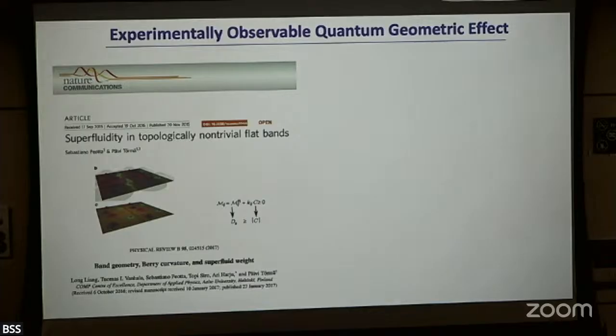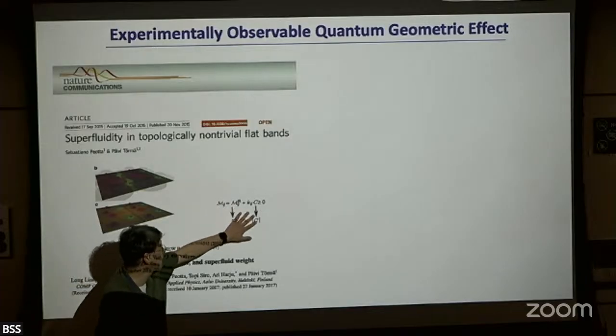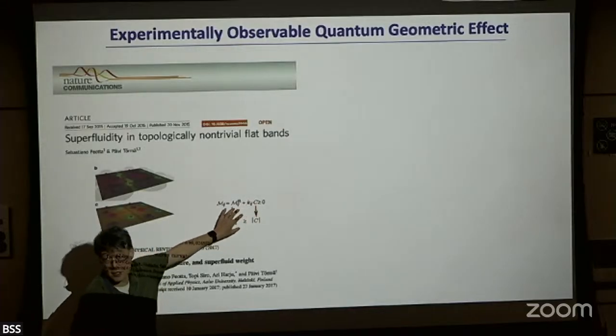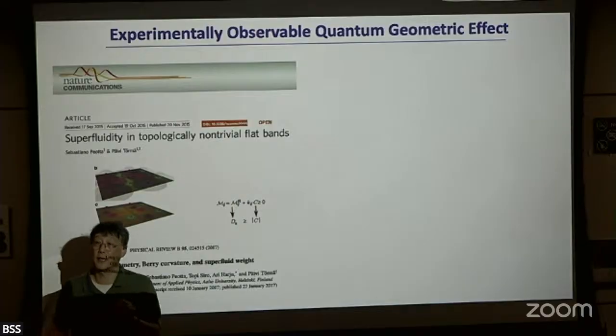For example, there's one really nice theory by Törmä and colleagues that explains that for superconductors or superfluids, if you look at the quantum geometry and the Chern numbers, some bound condition is expected to happen.